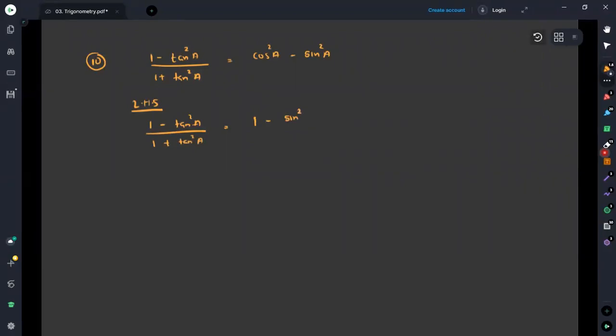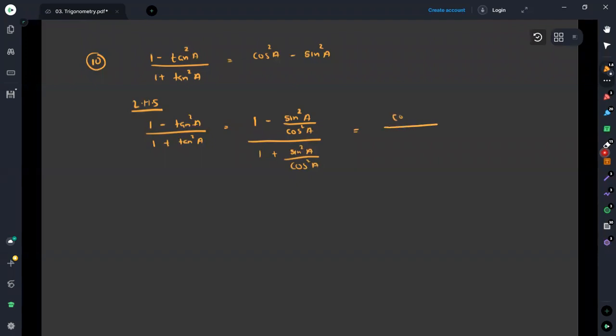Instead of tan squared A, we can have it as sine squared A divided by cosine squared A. And here also we will get 1 plus sine squared A divided by cosine squared A. Therefore, we'll try to get the common denominators and try to solve this.